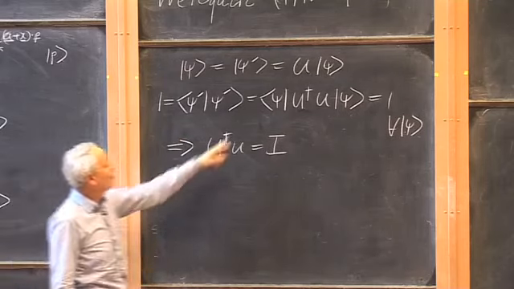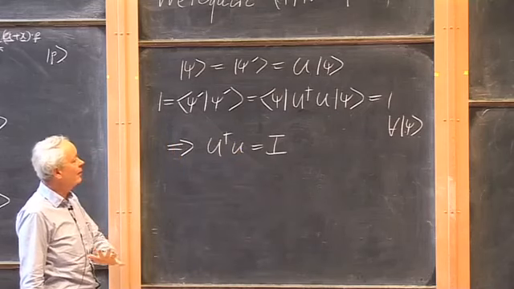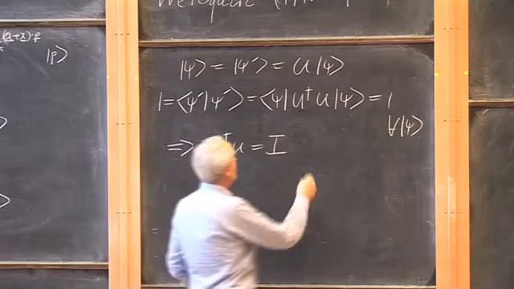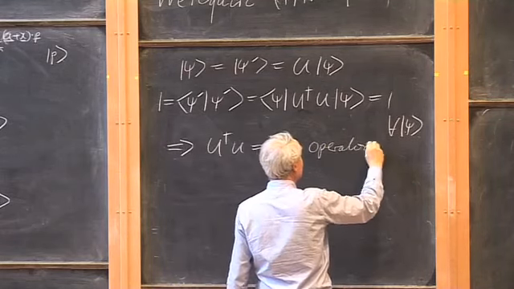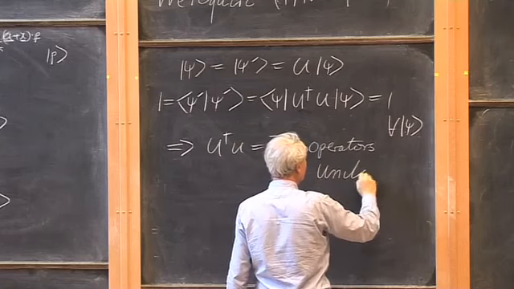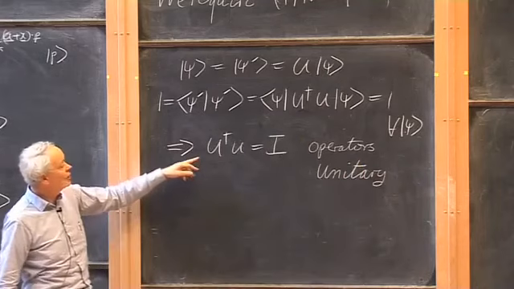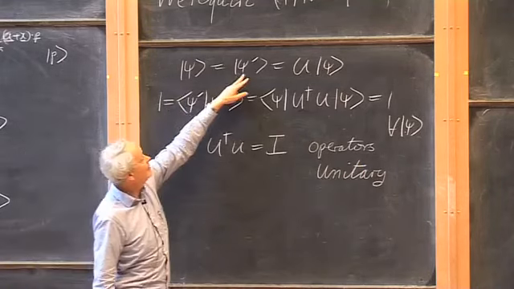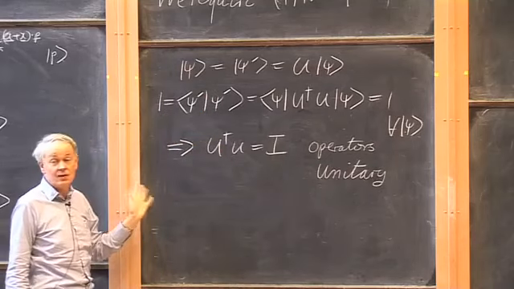From this statement, this follows fairly straightforwardly, but I'm not actually proving it right now. So operators of this sort, as I expect you know from Professor Essler's course, are called unitary. So unitary operators are precisely those operators which leave the length of our states unchanged. And in the present case, for physical reasons, the length is 1.